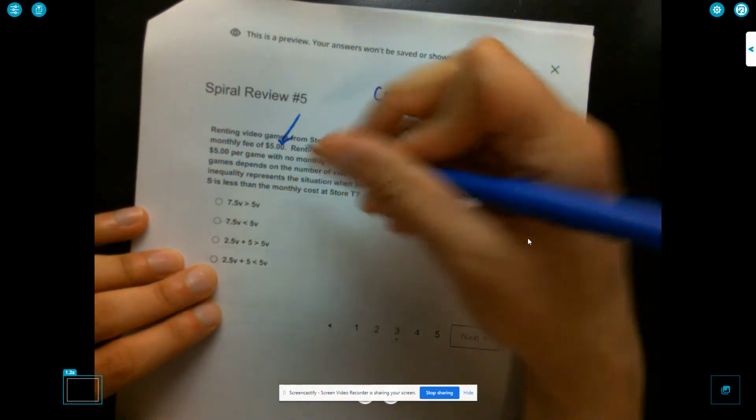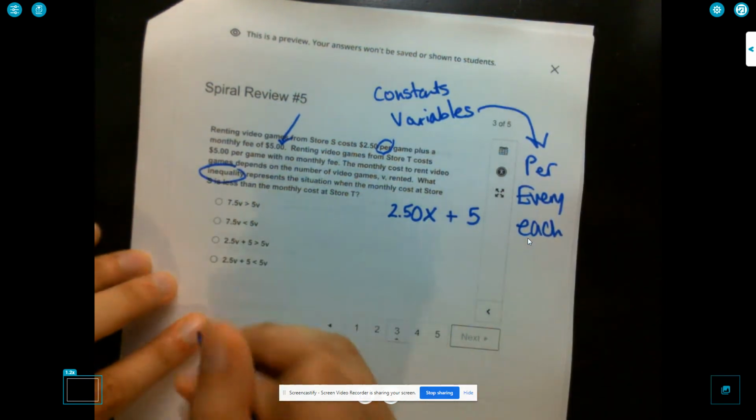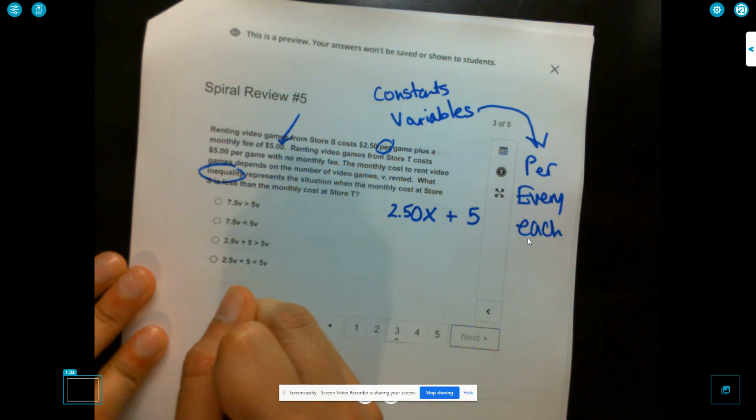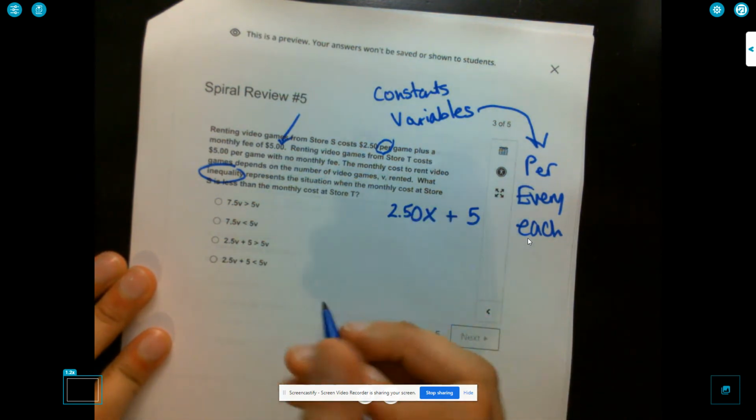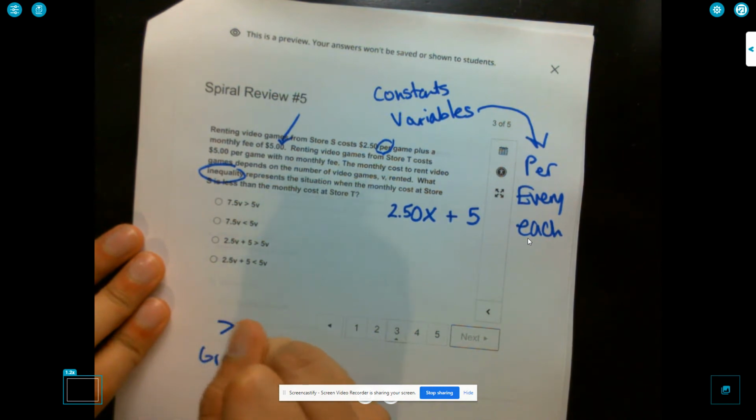And also pay careful attention to, so it's asking for which inequality. So remember, you have your greater than and equal to symbols. So this is greater than, and then you have your less than.